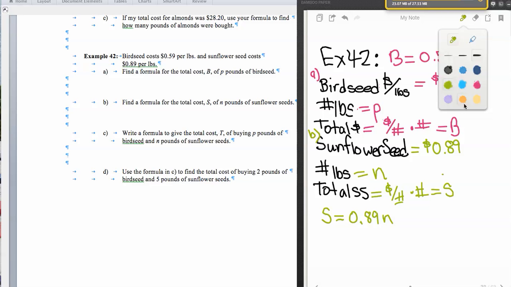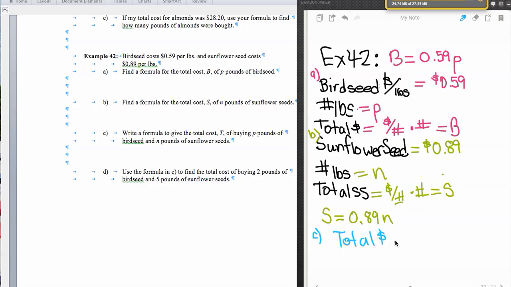Now from there we can look at part C. Part C says write a formula to give the total cost T of buying P pounds of birdseed and N pounds of sunflower seed. So this is a grand total cost, which is going to be B plus S, because the grand total cost would be the birdseed's total plus the sunflower seed's total.